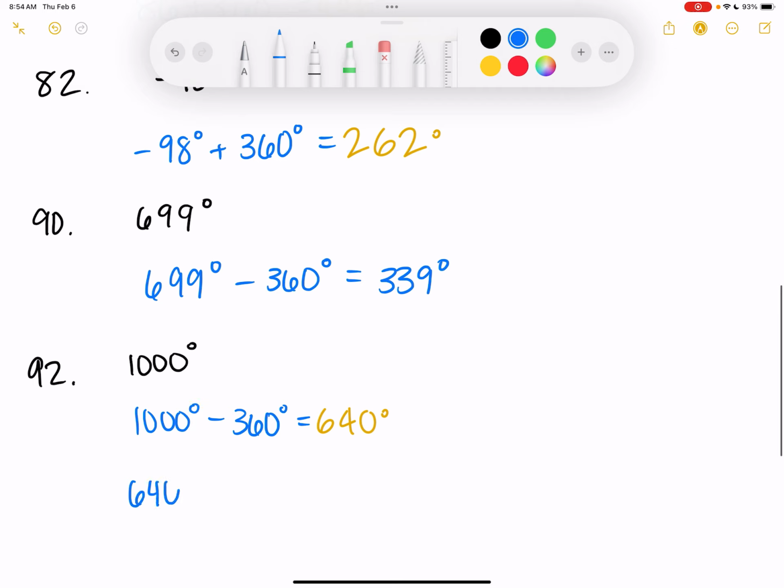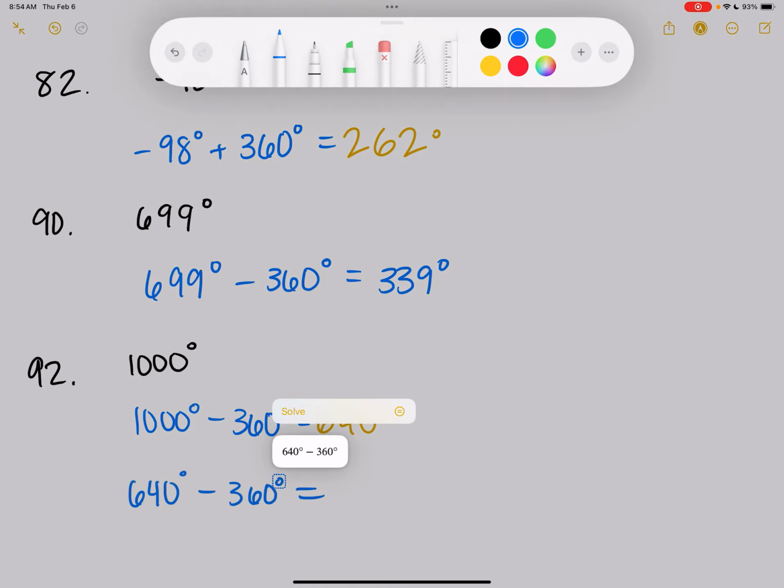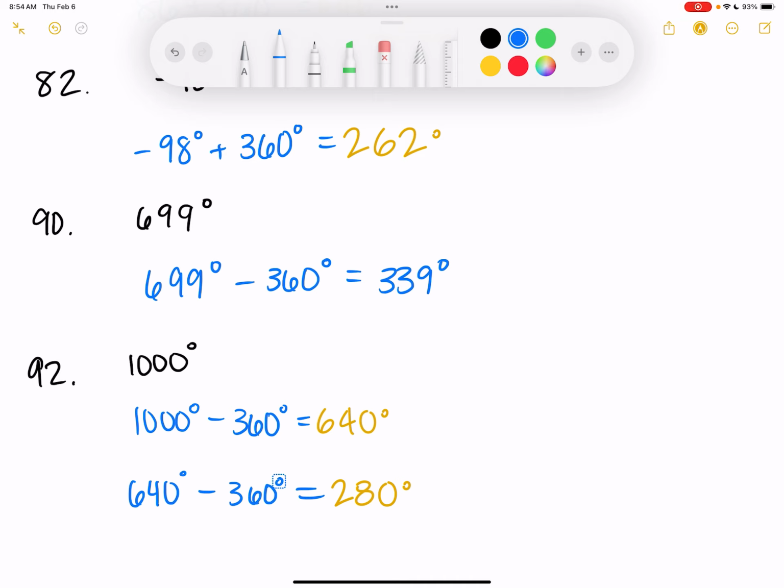So 640 degrees minus 360 degrees is 280 degrees. Now that's the least positive one that I could have. So that one would be my answer.